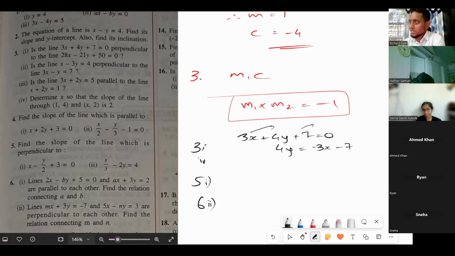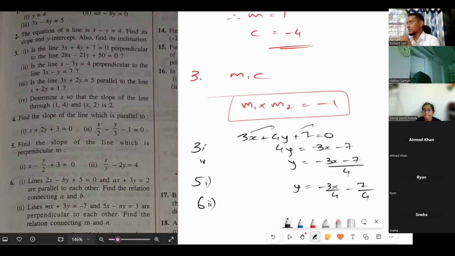Then take the 4 to that side. So y is equal to minus 3x minus 7, whole divided by 4, right? But we need this 4 separately for both. So y is equal to minus 3x upon 4 minus 7 upon 4. This is the proper y-intercept form.